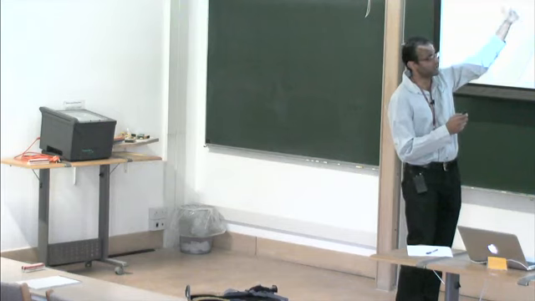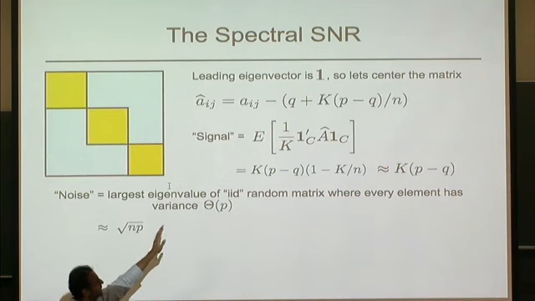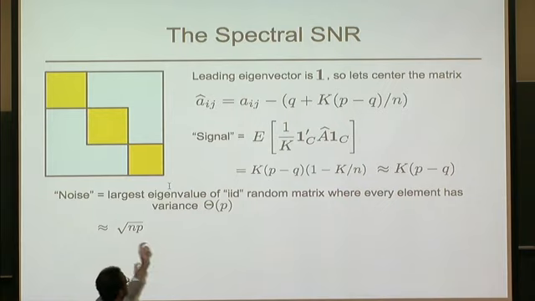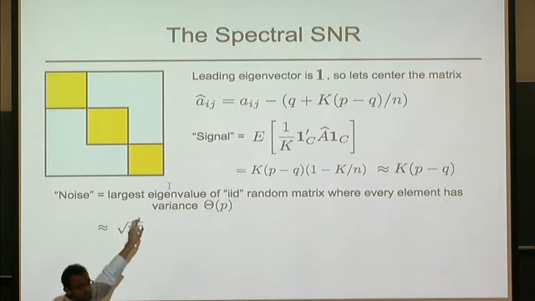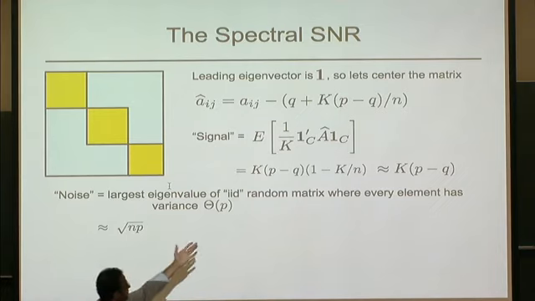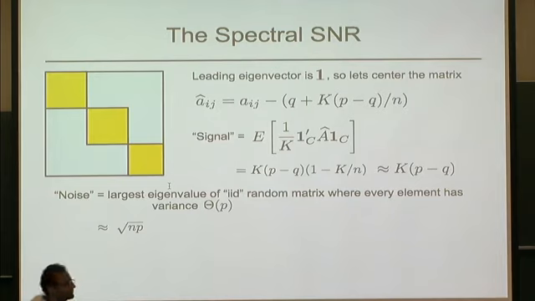Now that there is noise, it is not an eigenvector, but still you would like there to be a good spectral component in that direction. So this is a spectral component along one of the true clusters, and you want it to be pretty good. Its value is approximately k times (p minus q).